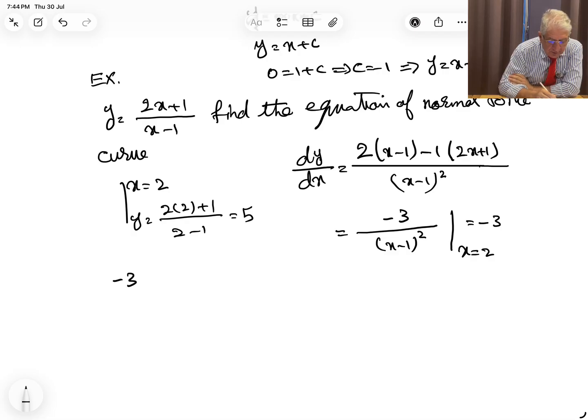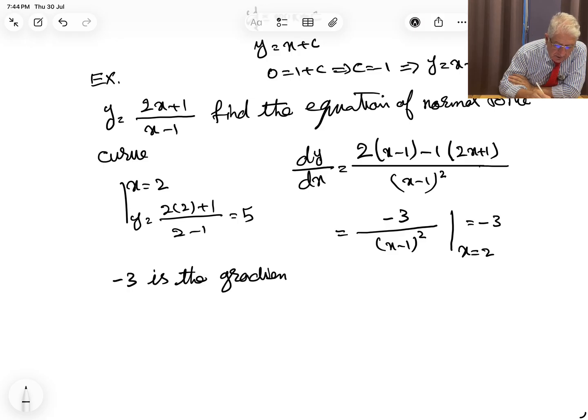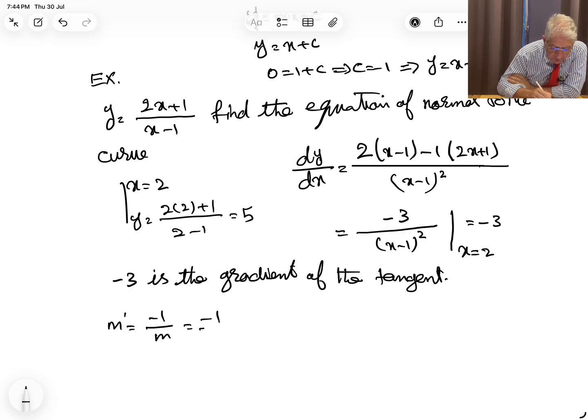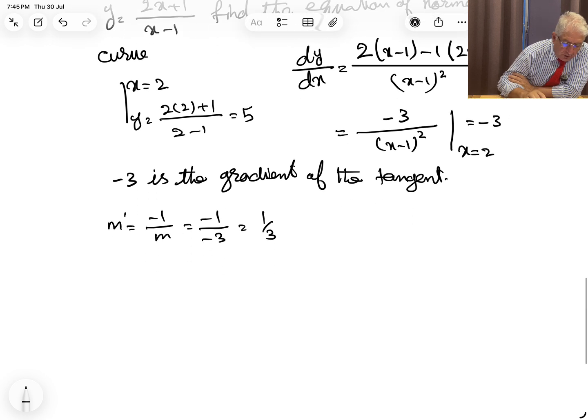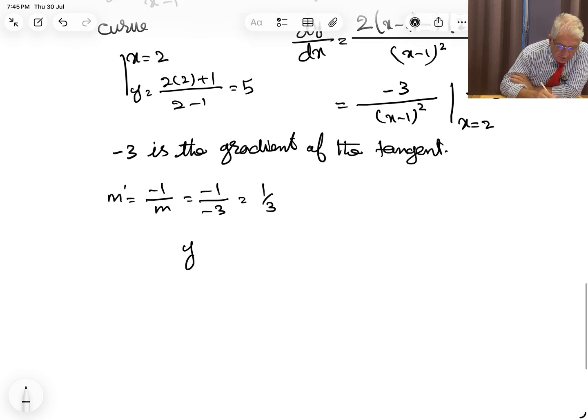Negative 3 is the gradient of the tangent line. What we want is the normal. Therefore, m dash will be equal to minus 1 over m, which is minus 1 over negative 3, which is 1 over 3. Therefore, your m is 1 over 3. Therefore, your function will be y equal to 1 over 3 x plus c.